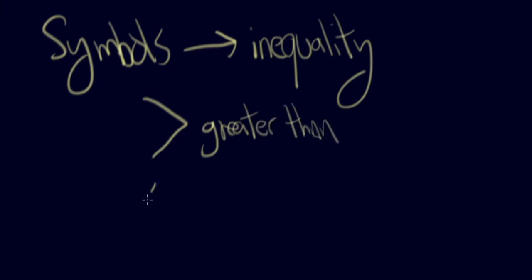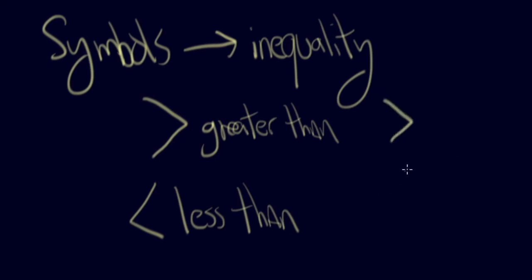And we also have the less than symbol. Now we also can add something to it. So if we had the greater than symbol and we added a little line below it, this would become greater than or equals to.